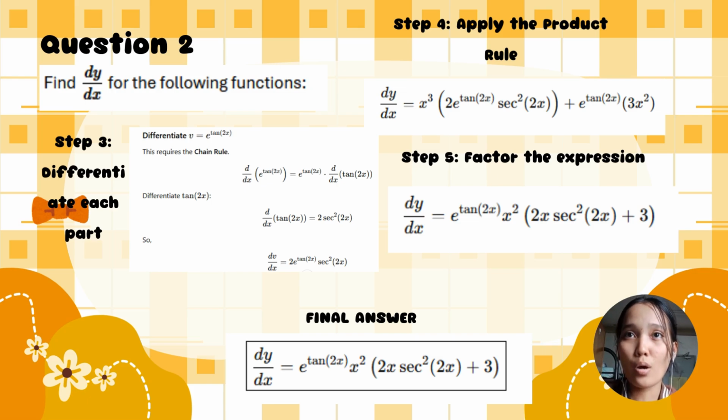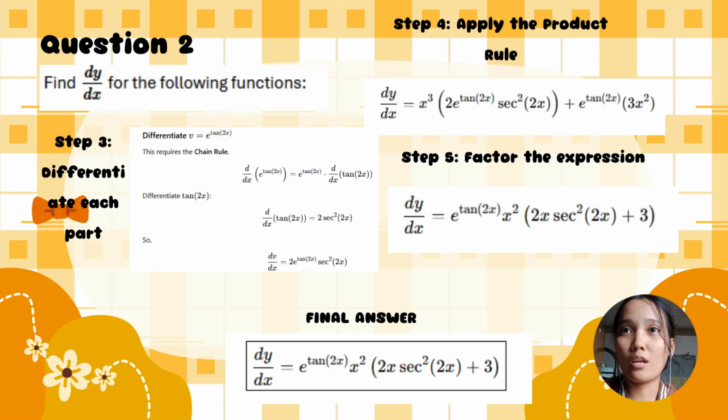And next, we apply the product rule. We multiply x to the power of 3 by the derivative of e to the power of tan 2x, and then add e to the power of tan 2x multiplied by the derivative of x to the power of 3.